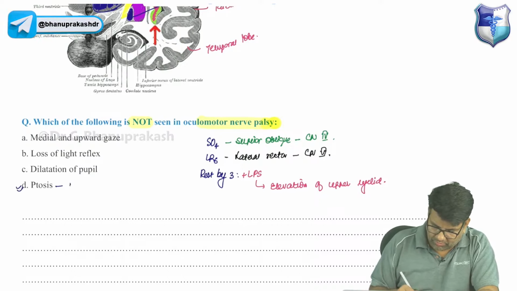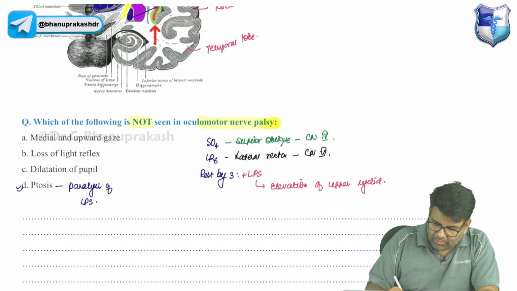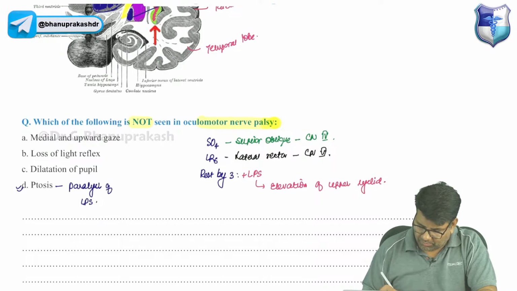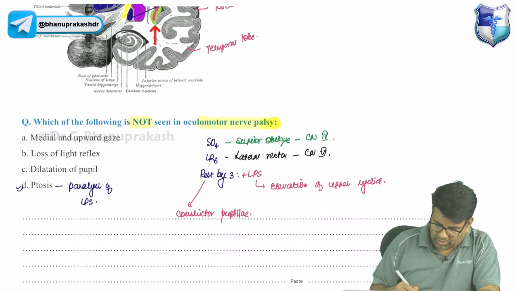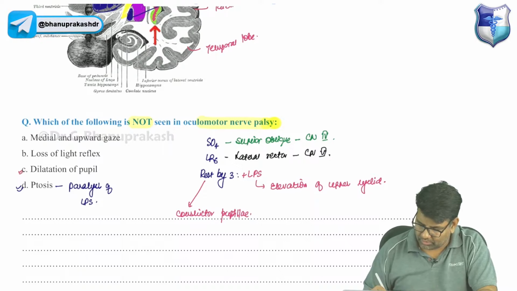Ptosis is because of paralysis of levator palpebrae superioris. Now, constriction of the pupil is done by the constrictor pupillae muscle, which is supplied by the third nerve. So if the third nerve is gone, dilatation of the pupil will be seen.